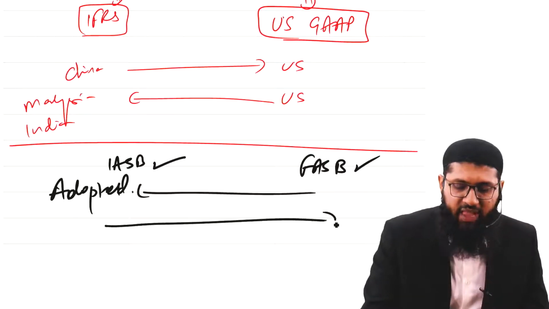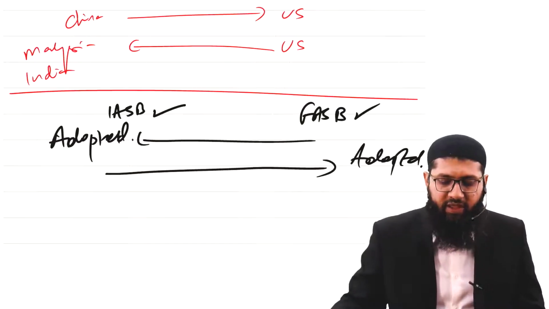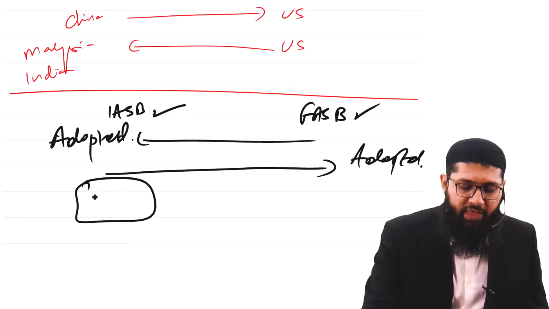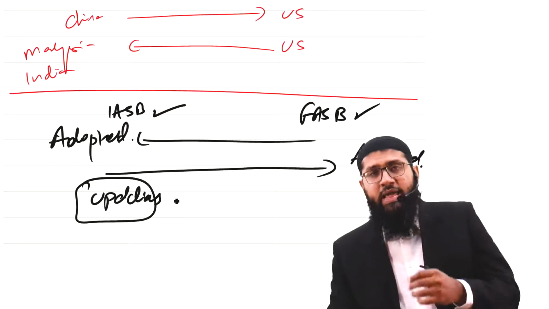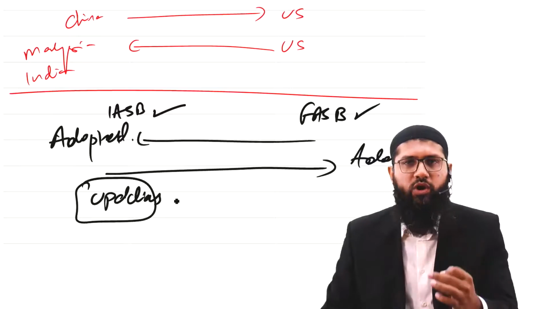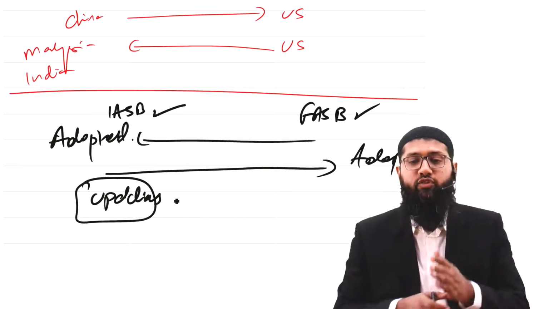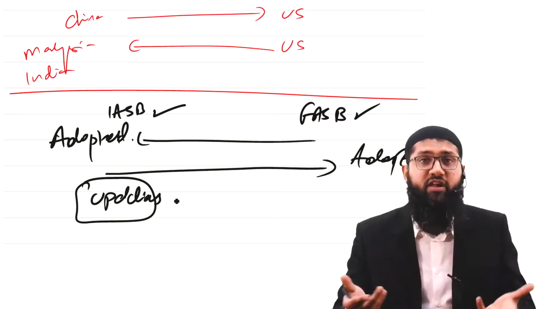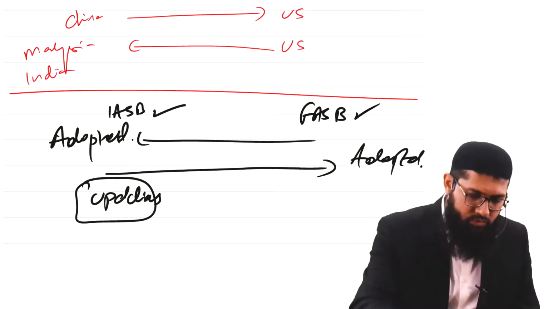In some cases, the IFRS was adopted by the FASB. And in some cases, there were updates that were done. So that was part of the Convergence Project, just to make sure that globalization is supported, so that cross-border investments are supported. So this project went on and on.